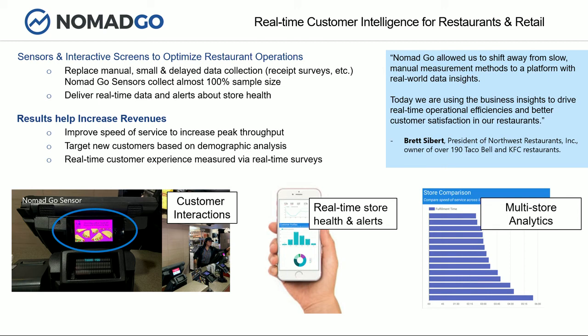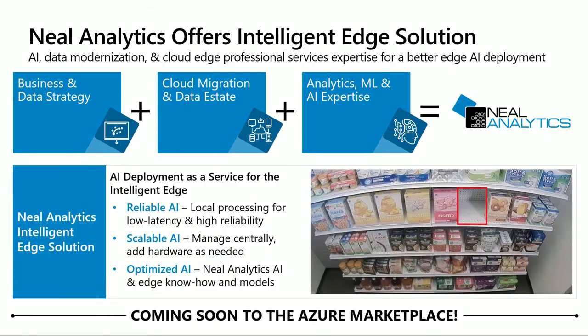We are just gathering information, completely anonymized, just understanding how many people are coming, how long they are spending, very respectful of their privacy. Nomad Go has deployed these into restaurants in the United States, and it's now increasing its scope through Azure Stack Hub and soon Azure Stack Edge to any location where you can deploy these devices.